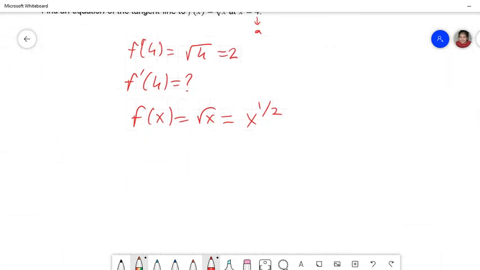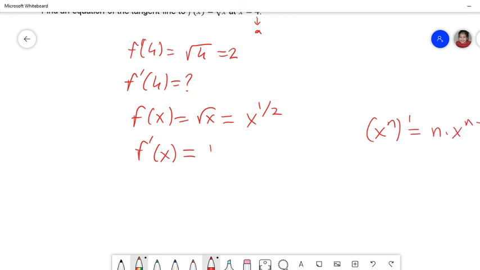We are trying to write everything in terms of powers of x because this is the only rule we have learned so far. Are there other rules? Of course, there are lots of them, but you are seeing only this one now. The derivative of x to the n is n times x to the n minus 1.